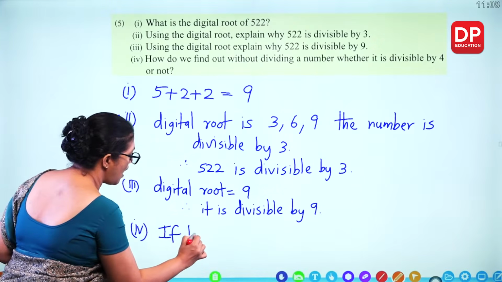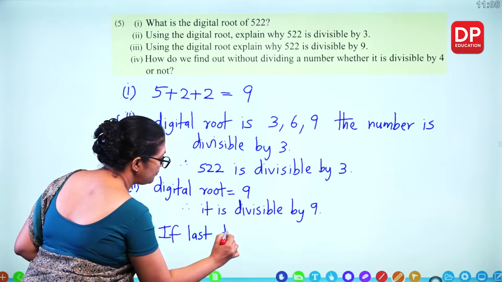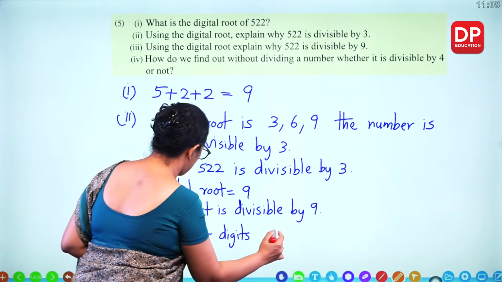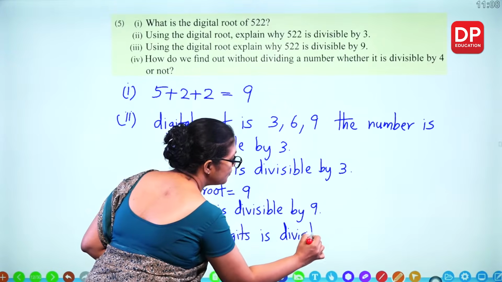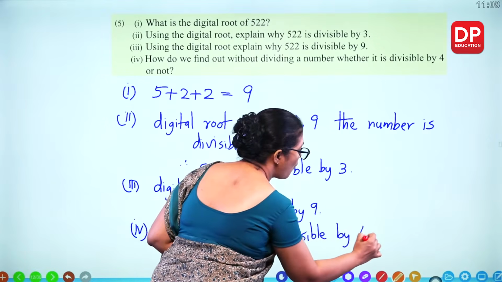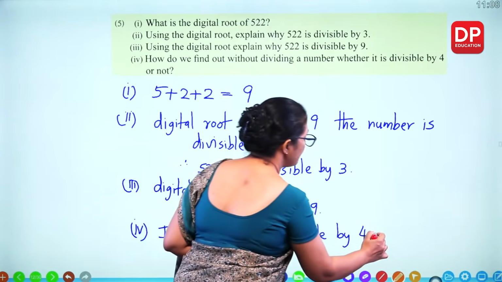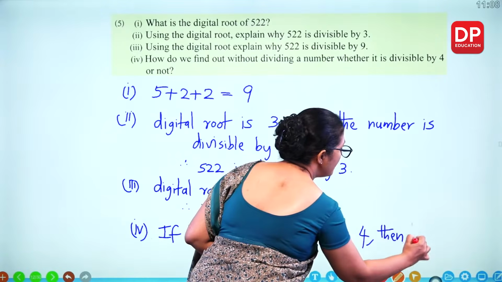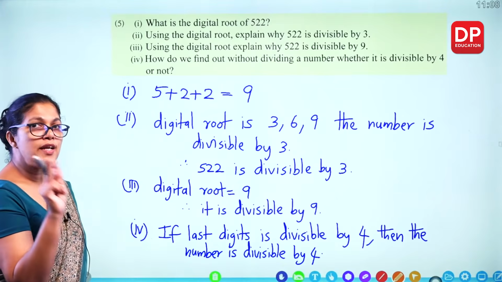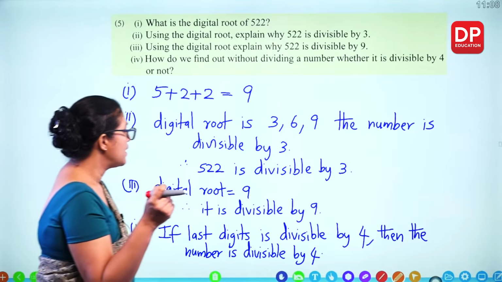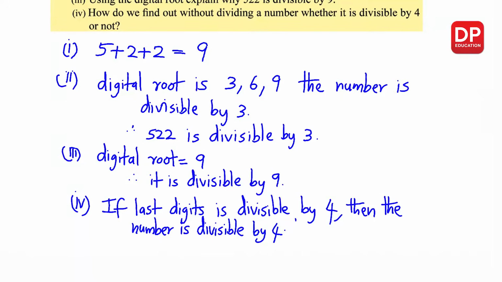If the last 2 digits are divisible by 4, then the number is divisible by 4. Or if the last two digits are 0, the number is also divisible by 4.